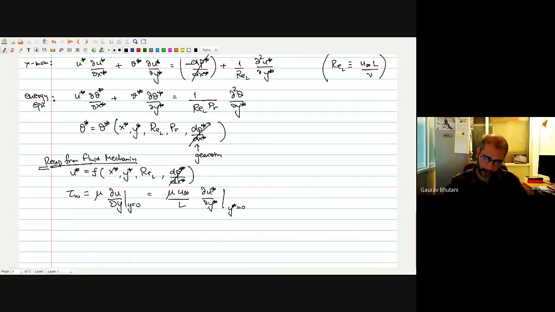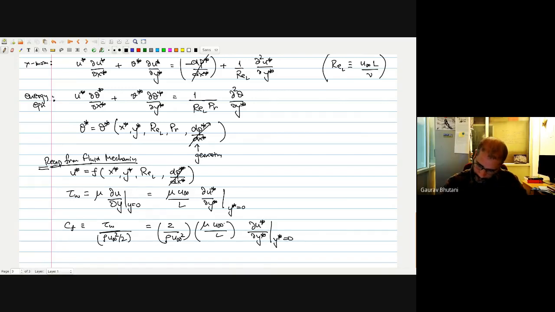And then we remember our aim was to find the skin friction coefficient, which was defined as the wall shear stress divided by rho u infinity square by 2. So if I write that, and then I substitute the expression for the wall shear stress from above, then I get rid of one of the u infinities.